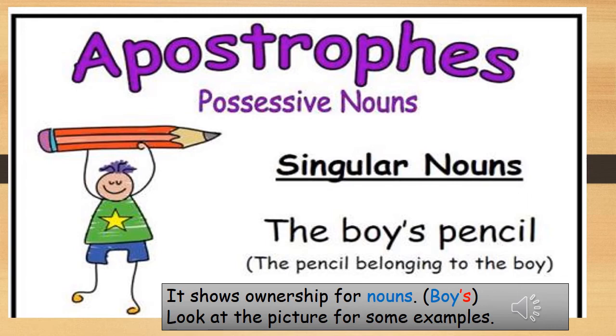The boy's pencil. It shows that the pencil belongs to the boy. Okay, don't worry too much more than that. There are many other rules that go with this, boys and girls. But first, let's have a look at some examples to help us understand it easier.